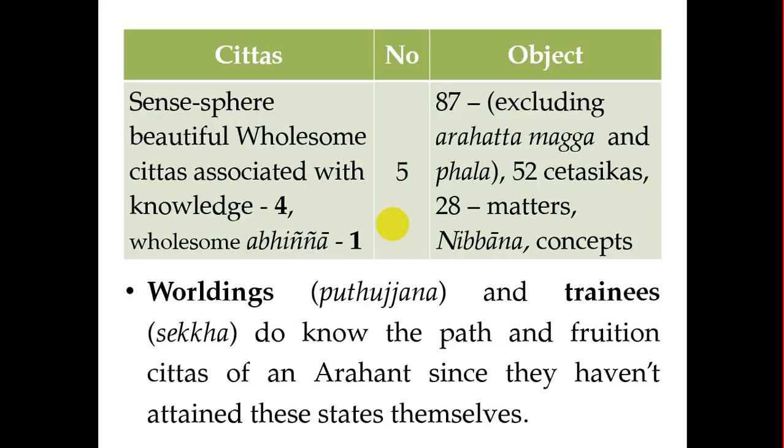Because they haven't achieved the path and fruition of arahant, those two chetas are beyond their knowledge. But other than that, they can experience, right? They can take all the objects.